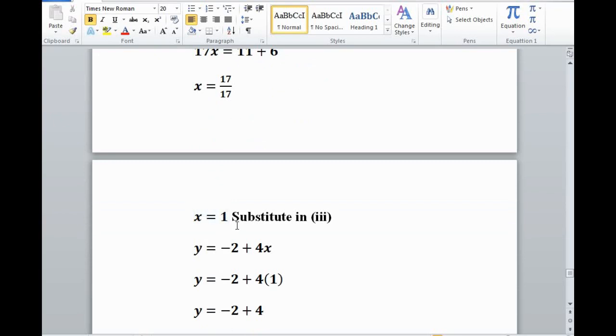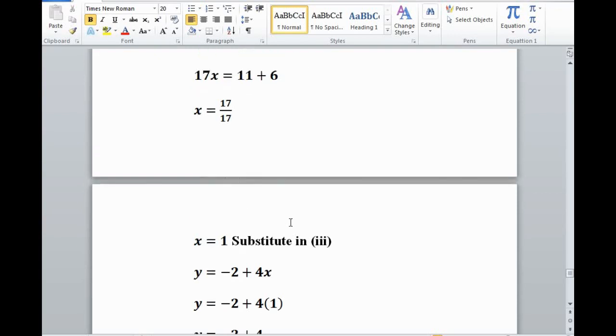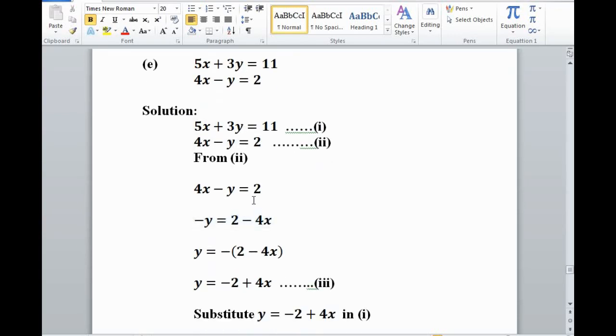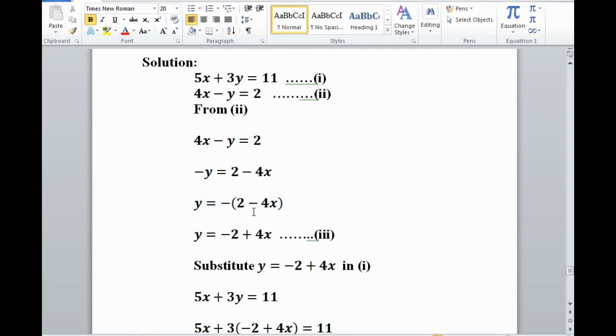And to find y, let's substitute x equals 1 in equation 3. Again, you can also substitute x equals 1 in equation 1 or in equation 2. But again, it's easier to obtain the value of y by substituting the value of x into equation 3 instead of equation 1 and 2.